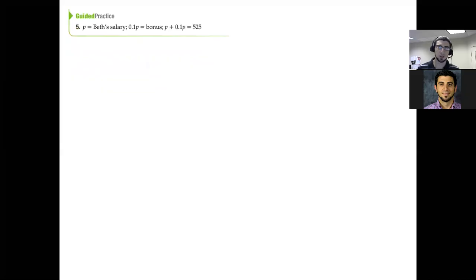All right, guys, so here's the situation. p equals Beth's salary, 0.1p equals a bonus. So what could p plus 0.1p equals 525 represent in this problem?